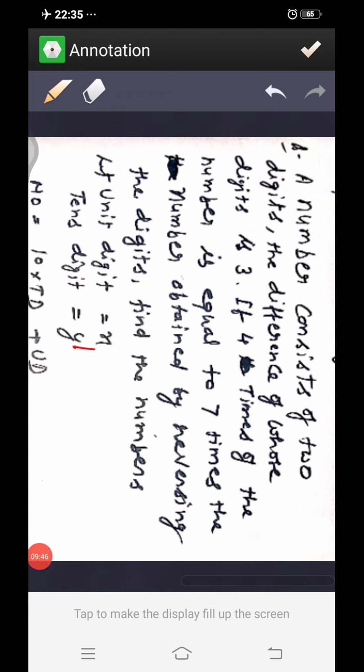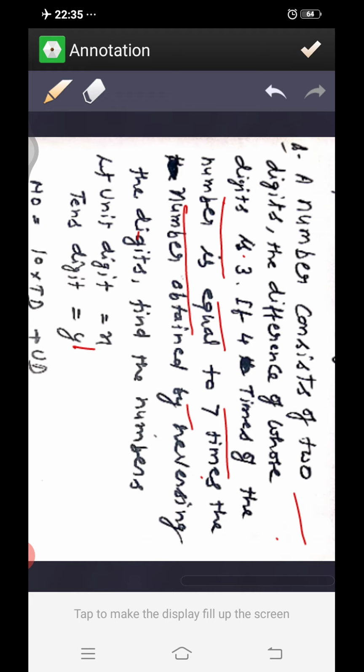Let us take one more question of 2-digit numbers. A number consists of 2 digits. One is the unit digit and the second is the tens digit. The difference of whose digits is 3. If 4 times the number is equal to 7 times the number obtained by reversing the digits, find the number.